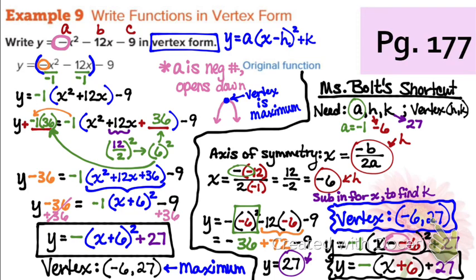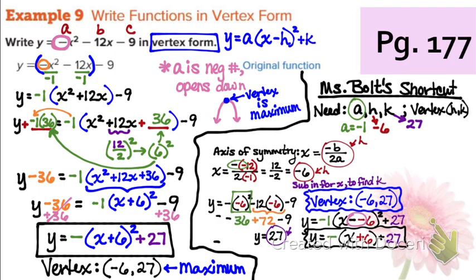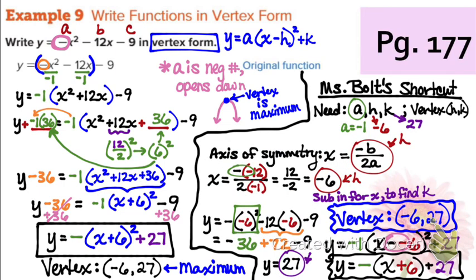Did we get the same vertex form doing it this way? Guys, I need you to follow with me and pay attention. Did we get the same vertex form doing it this way? What was my vertex form over there? Wait, did you drop the square? Oh, no, I just forgot to write it down. Thank you for saying something. All right, now I have the exact same vertex form.